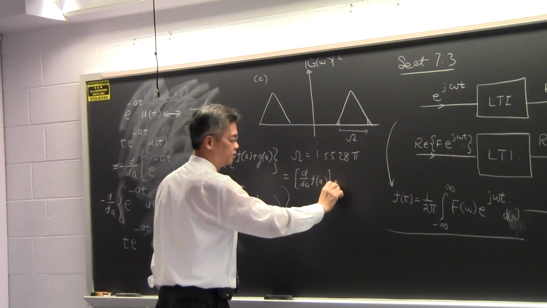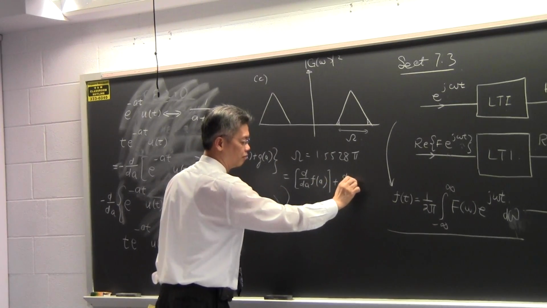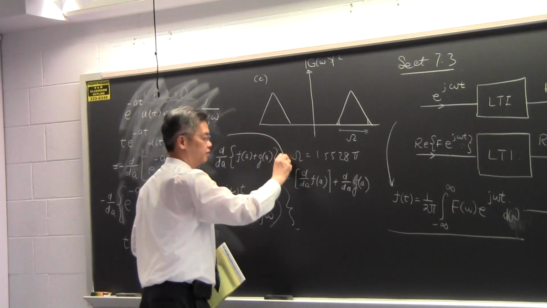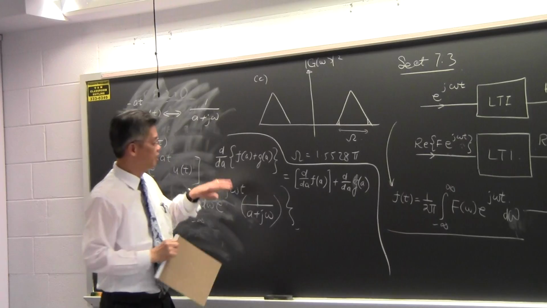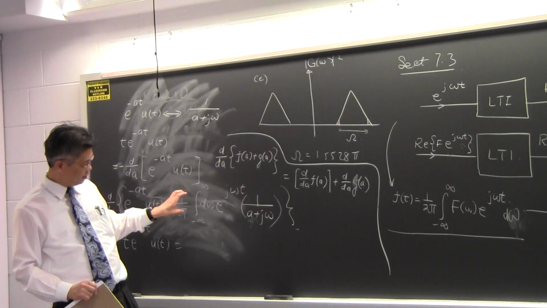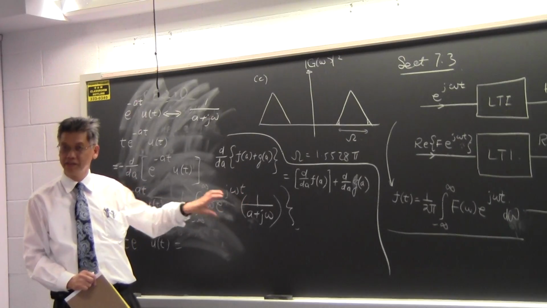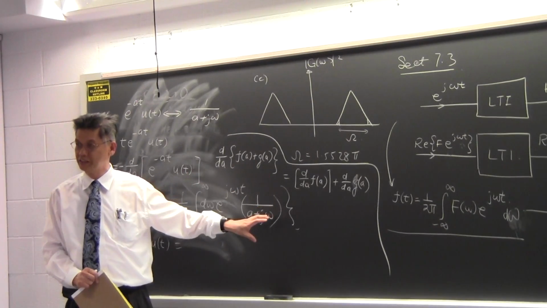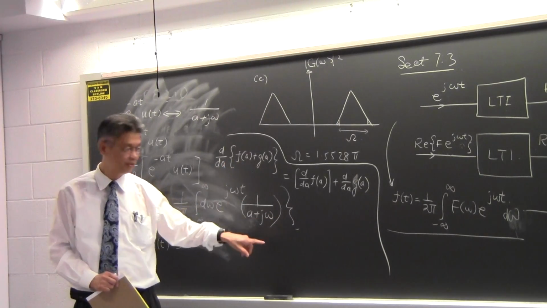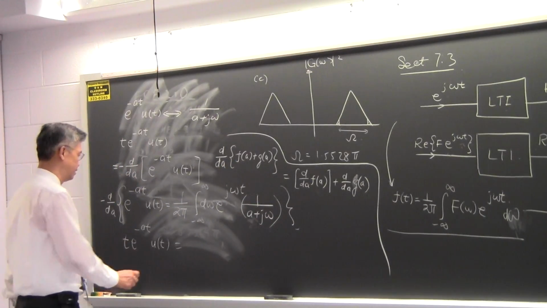It is a linear operation. Okay, let me draw this line over here. Derivative is a linear operation. If I take a derivative of sums of things, it's the same as the sum of the derivatives of things. So I can take the derivative inside and differentiate the integrand.